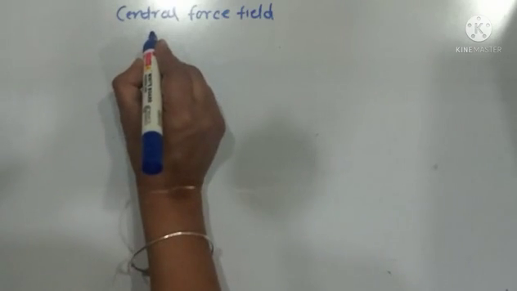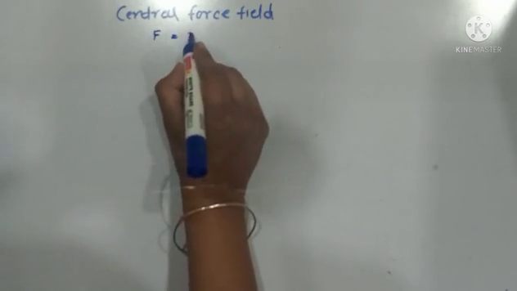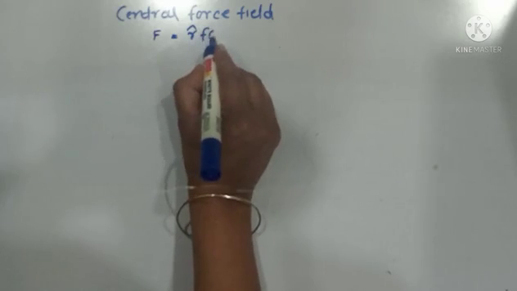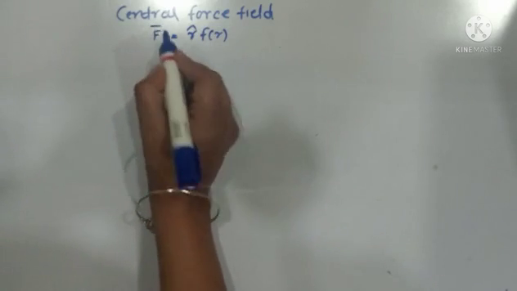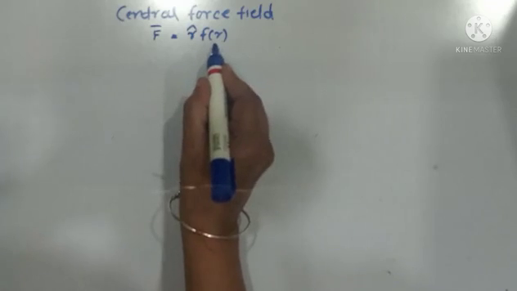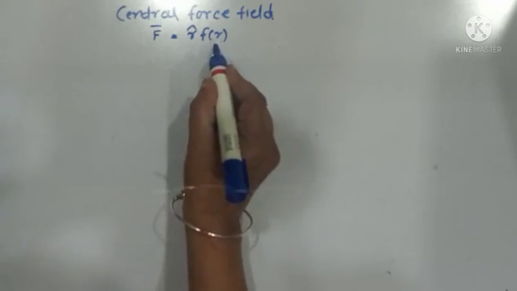The central force field is always represented as r cap f of r, which means that this central force is only a function of the distance from the center of the central force field.